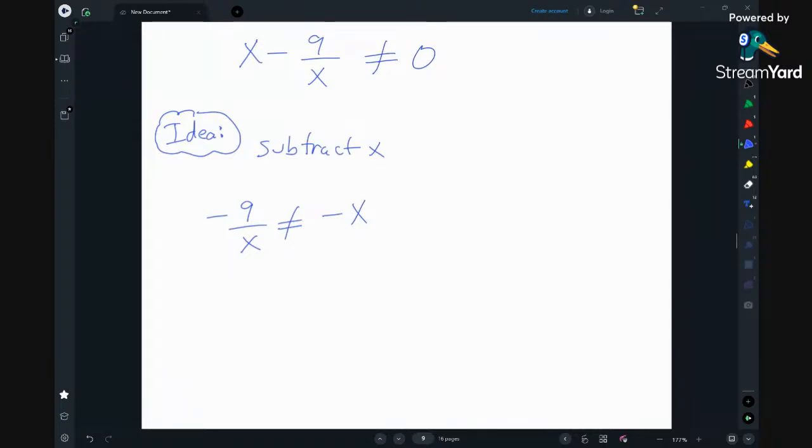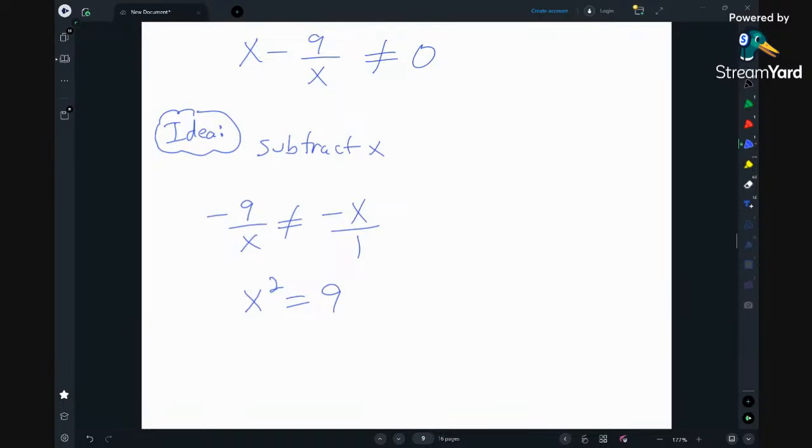So you could cross multiply at this point. When you have a fraction, treat this like an equal to, even though we're just saying it's not equal to, but just treat it like an equal to, all right? So if you think about this as being over 1, you could cross multiply now. You can cross multiply fractions, fraction equals fraction, but be careful with that. This would be 9 equals x squared. I'm just going to write it in this order.